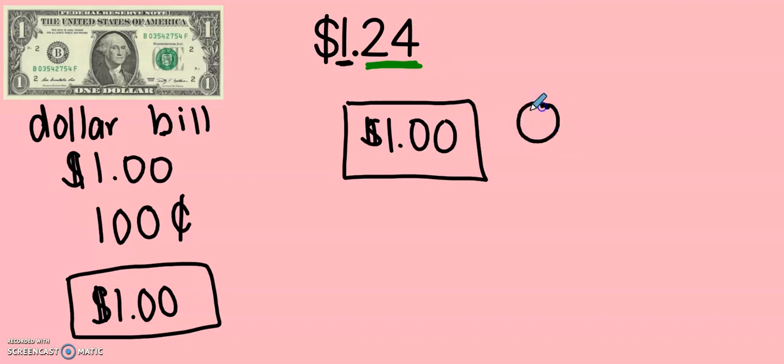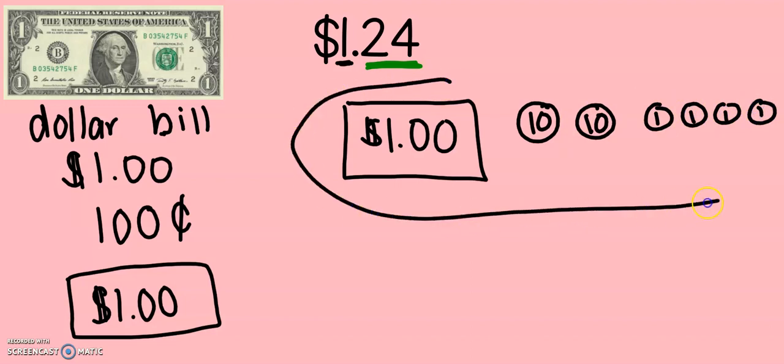Let's start counting. 10, 20, 21, 22, 23, 24. So here we have $1.24. Please make sure you're practicing these coins at home. If you haven't practiced them recently, it's always a good idea to brush up on some of our skills with adding with pennies and dimes.